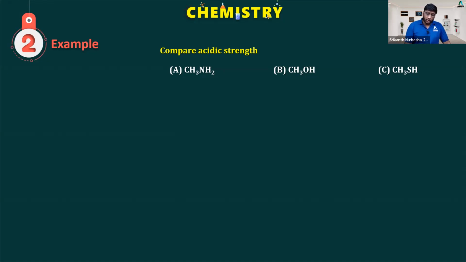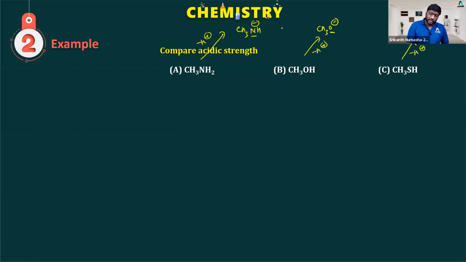CH3NH2: you have to remove the H plus. Loss of H plus gives CH3NH minus. Loss of H plus from CH3OH gives CH3O minus. Loss of H plus from CH3SH gives CH3S minus. Compare A and B first, because nitrogen and oxygen are in the same period.